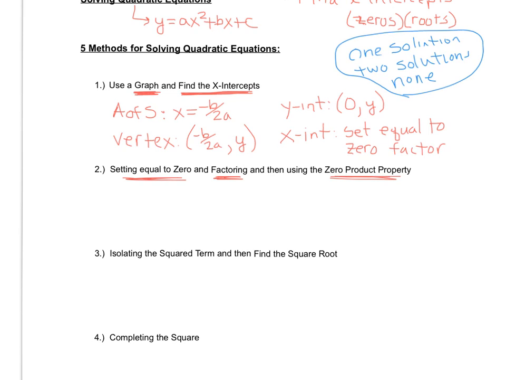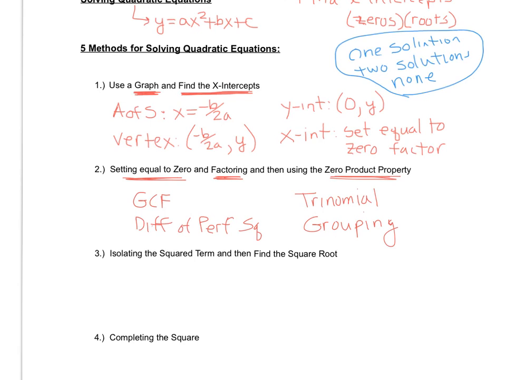And remember, factoring could be a GCF, it could be the difference of perfect squares, it could be a trinomial, either an easy trinomial or a hard trinomial, or it could involve grouping. But again, sometimes they can't be factored.